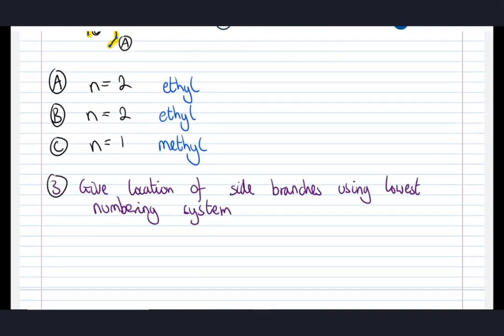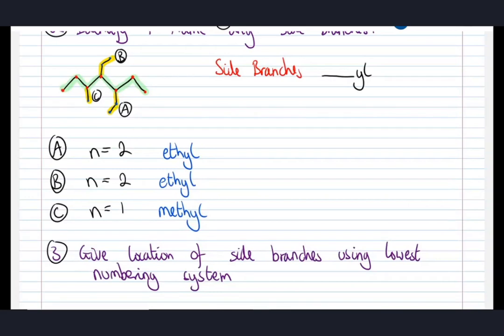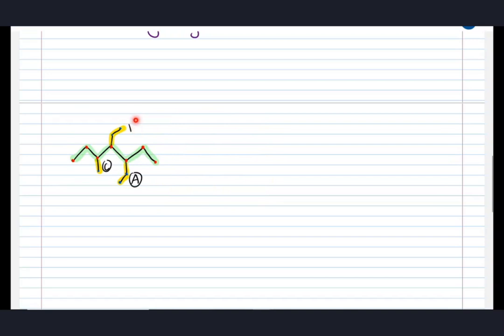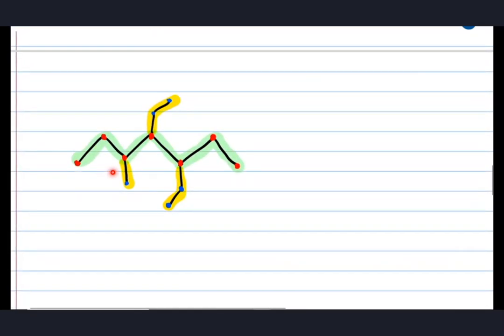And step 3 is to give the location of these side branches using the lowest numbering system. So again, I'm going to take a quick copy of our molecule and we're going to have a look at it and the positions. I'm just going to rub out A, B and C, and what we need to do is be able to tell whoever we're telling the name of the molecule to where these side branches occur.